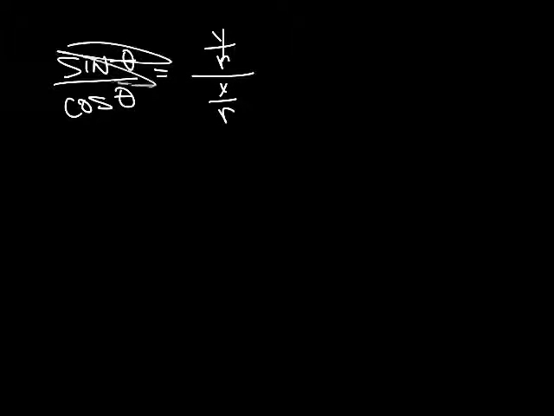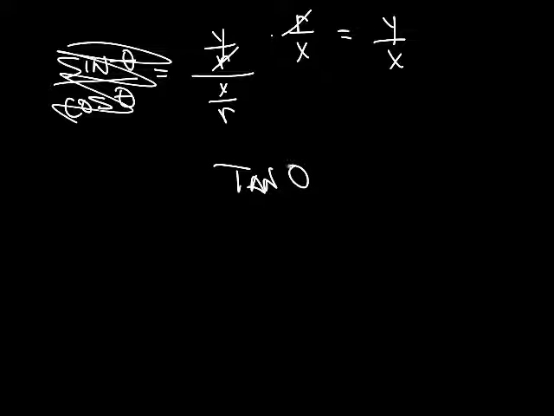Now if we just ignore this and we invert and multiply, it's r over x, my r's cancel, and I get y over x. Y over x is tangent. So the tangent of theta equals sine of theta over cosine of theta. So that's one of your quotient identities.